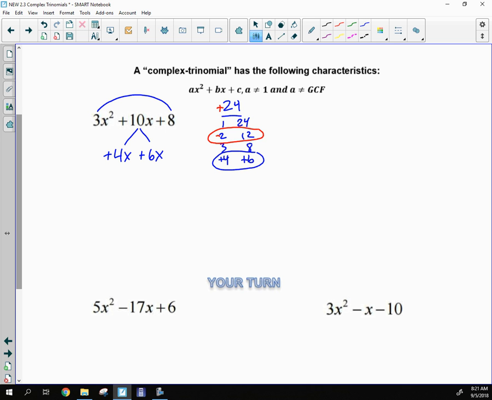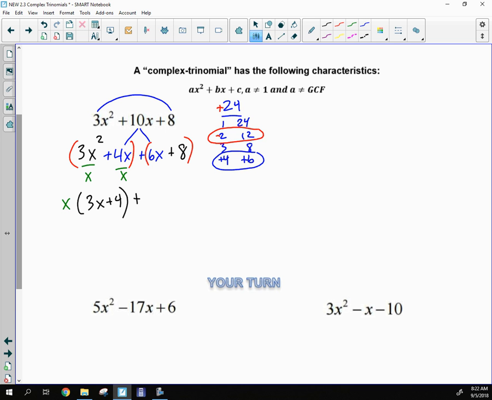So then we just drop down the front, drop down the back, and now we do these like the examples that we did in the previous lesson. So we're going to group it and factor the GCF out. So this one is just x, and then we take 3x plus 4 on the inside, bring down the plus sign.